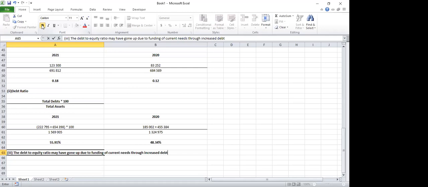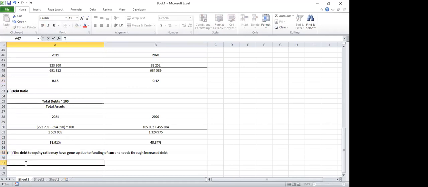Right. Then the total debt over total assets. The same reason that we have above can also be used on the one below, but you can't use one reason in an exam.